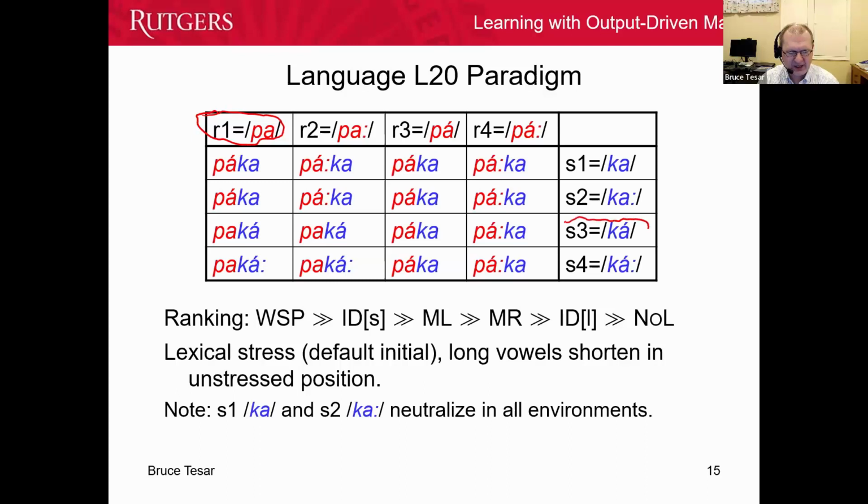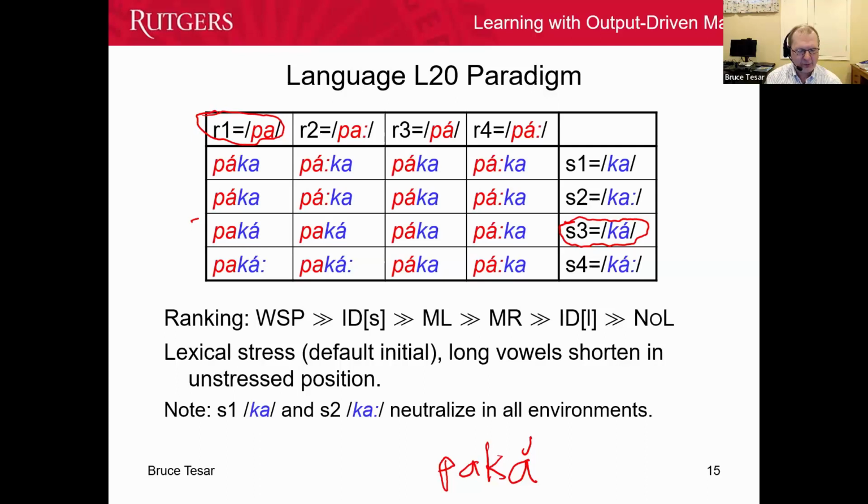S3, for instance, is the suffix in which the suffix is short but stressed underlyingly. So if we put those two things together, the input we get, hopefully that's visible, would look like that. Just the concatenation of those two inputs.